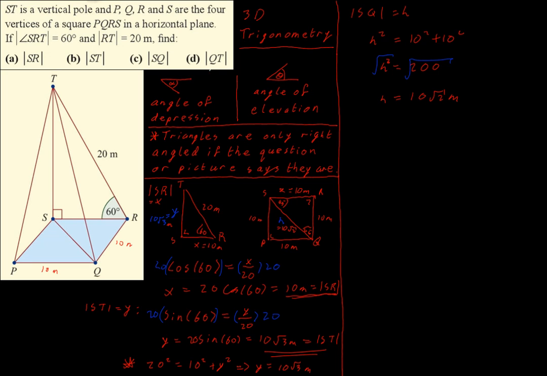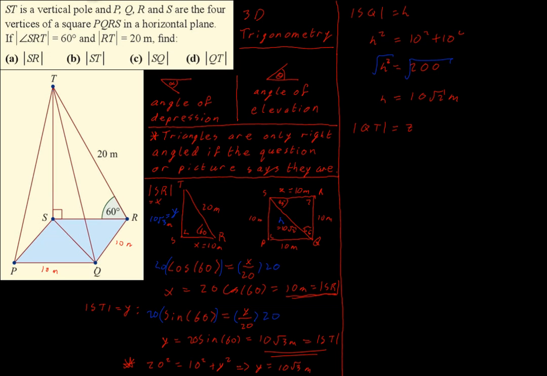Now, our diagram for QT, the last thing that we are looking for. I'm going to call QT Z so I don't have to keep rewriting QT. And I have my vertical line here, my horizontal line here, so I have a right angle at TSQ.